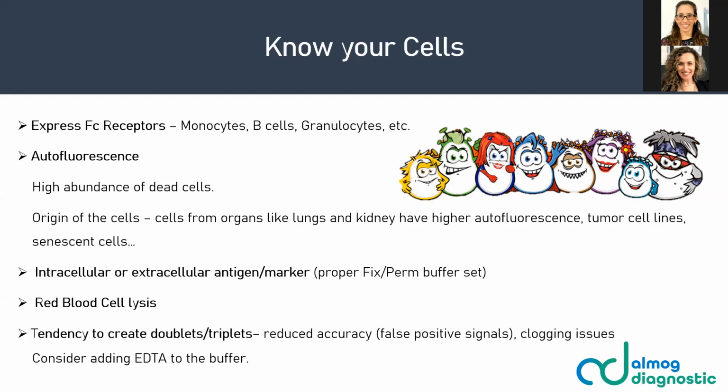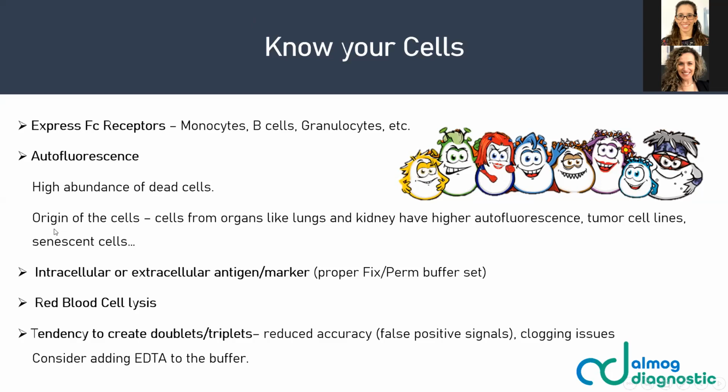So in this case, we should consider using FcR blocking reagent. Another thing to consider is autofluorescence. Dead cells, let's say, can have very high autofluorescence, and it can alter our results afterwards. We can just get false positive results because of the dead cells. So it's very, very important to gate out the dead cells in every flow experiment. We will also talk about it in a few slides.